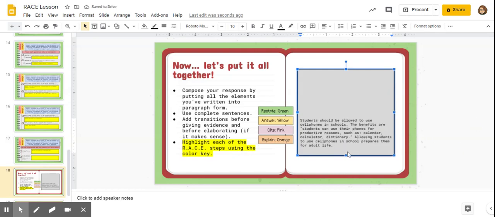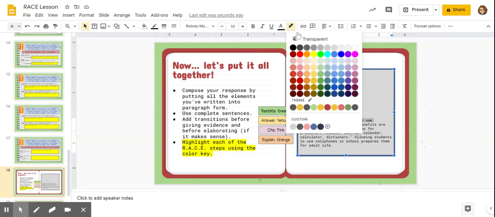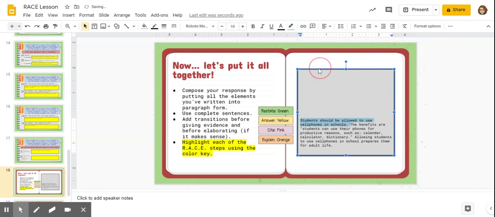There we go. Okay, so now we're going to do the highlighting. Our restated question right here is green. See, I'm choosing a lighter green color instead of that neon stuff. Now, our answer to the question starts here.